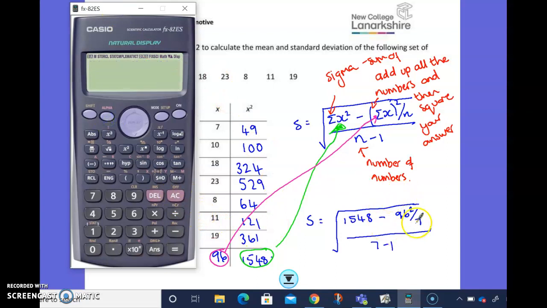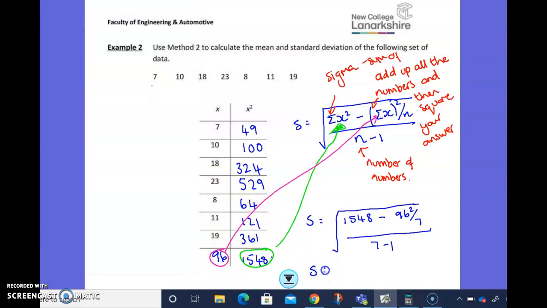If not, you'll need to work out what 96 squared divided by 7 is and then do a takeaway. That comes out at 231.4, all over 6.